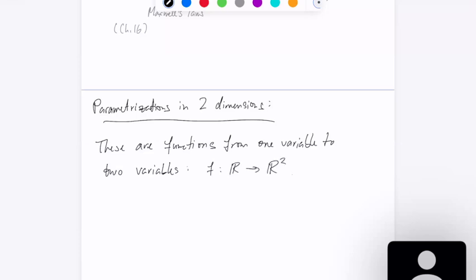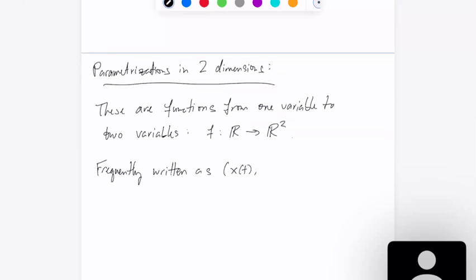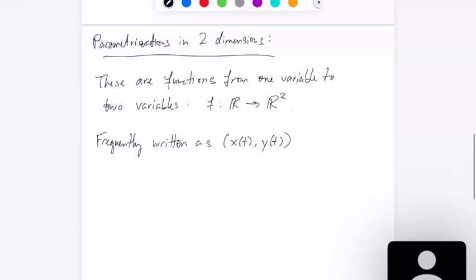But how these are actually written is in terms of coordinate functions. So you're going to get an x coordinate telling you how x varies with a parameter that we're going to call t, and how y varies with a parameter we're going to call t. Okay, so let me give you an example.